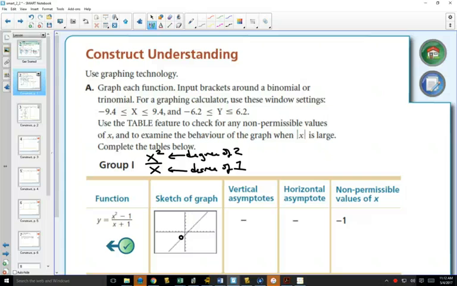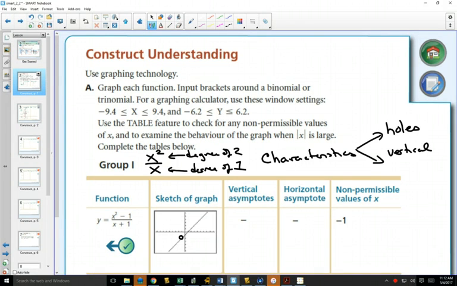And the characteristics that we get when you have a parabola over a line is you either get holes in your graph, some of these had holes in the graph or points of discontinuity, or the other option, if it doesn't have a hole, is you have a vertical asymptote and an oblique asymptote.